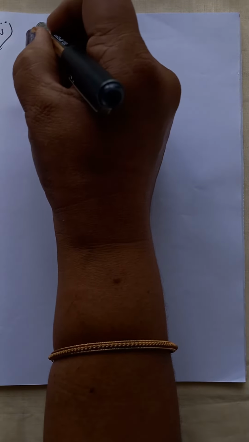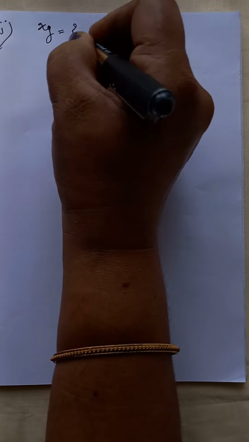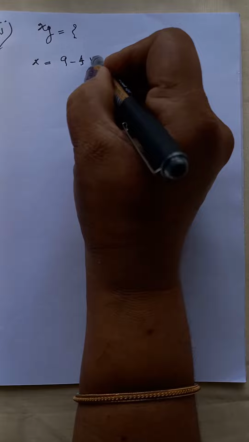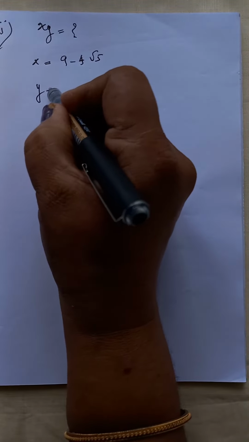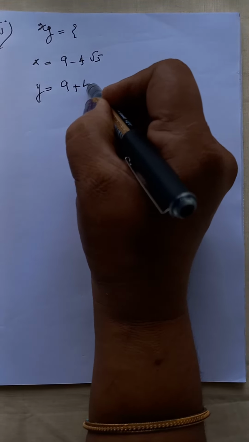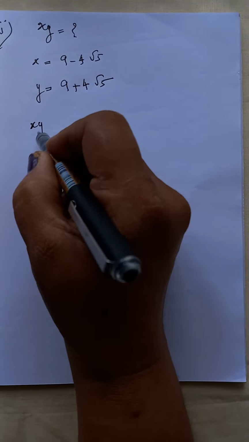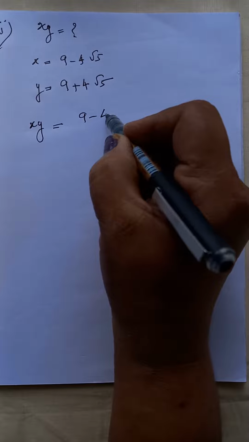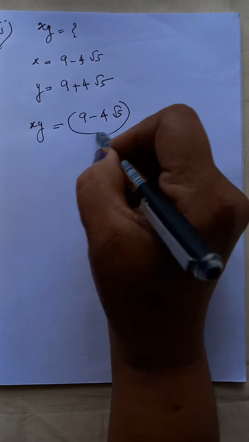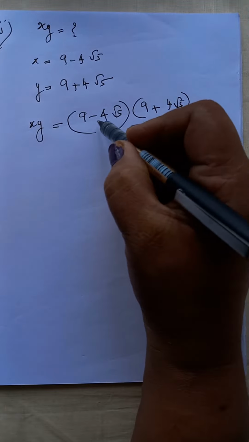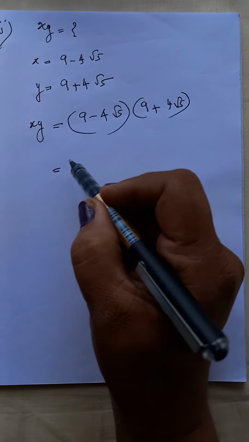In the third sub-question, we have to find out xy. We know x as 9 minus 4 root 5 and y as 9 plus 4 root 5 after rationalization. So, what is xy? That is equal to 9 minus 4 root 5 into 9 plus 4 root 5. This is in the form a minus b into a plus b. So, a square minus b square.